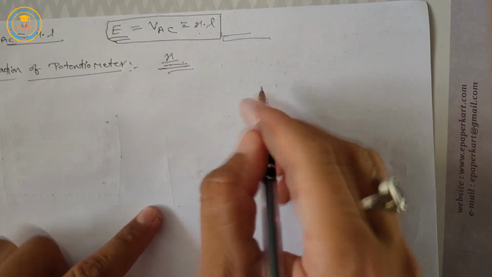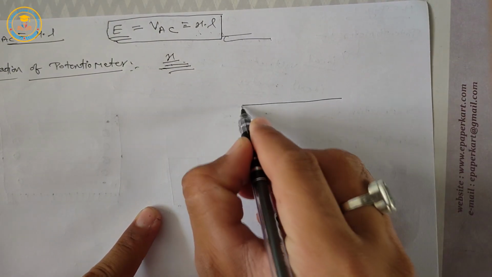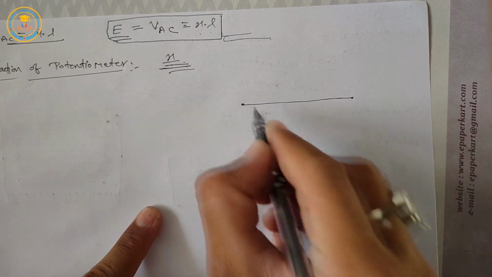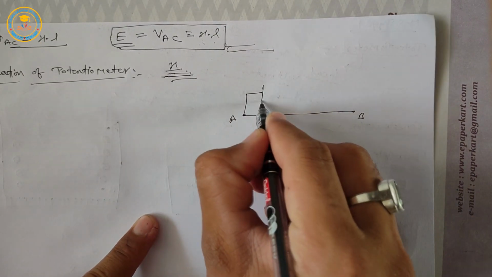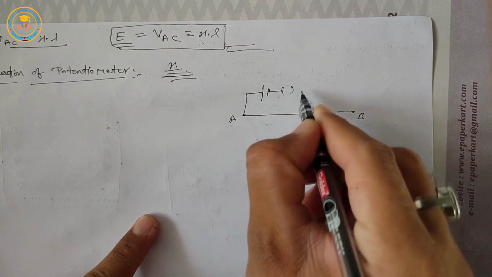For this, we draw a circuit diagram of the potentiometer. This is the wire AB and this is the primary circuit of the potentiometer.